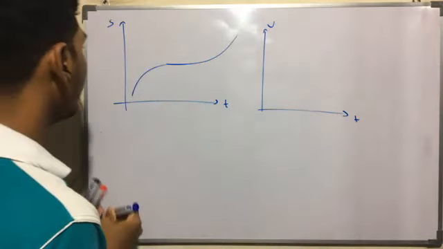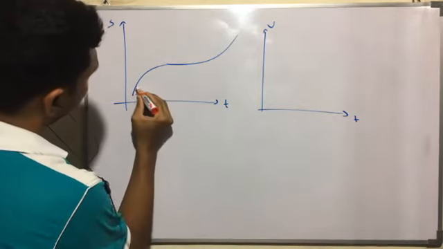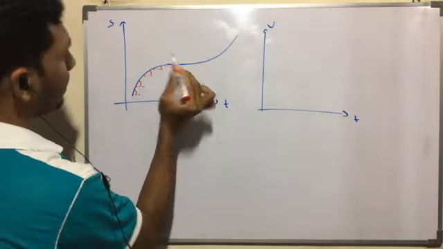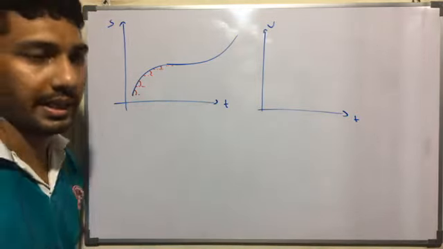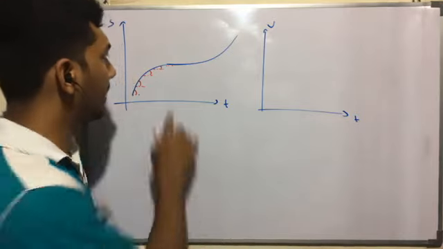So here, first you go for the angle. What angle is this? Acute angle, decreasing, right? And here it becomes 0.